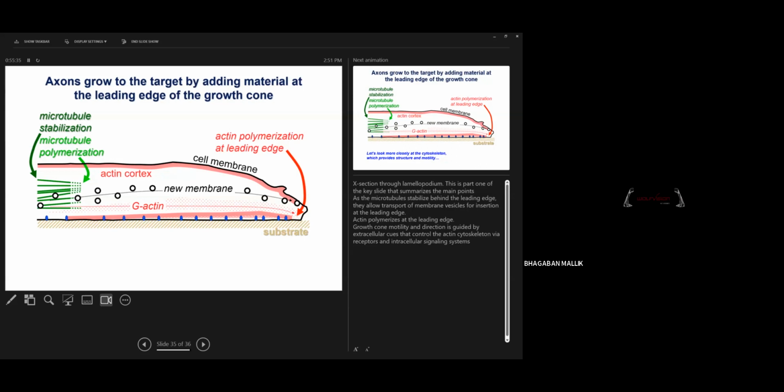And also you have polymerization of G actin, the granular actin, to F actin, the filamentous actin. So you have the transport of the membrane, you have the F actin. Now this is added at the tip of the growth cone, and that is how the neuron grows, because of the development of the growth cone.